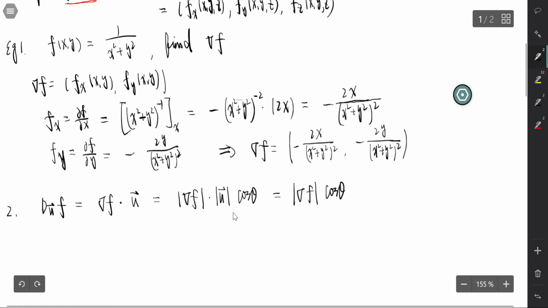So the maximum is when cosine theta equals 1.